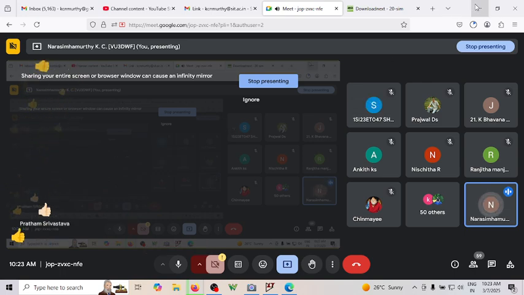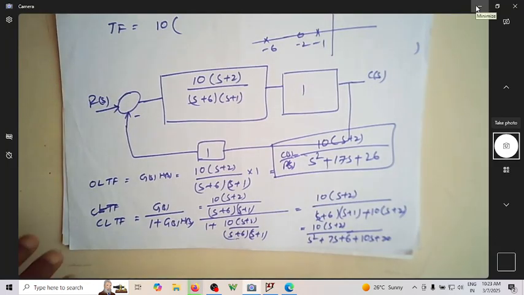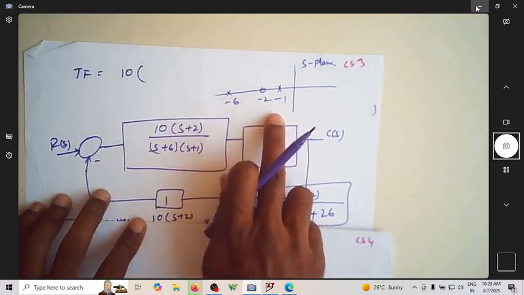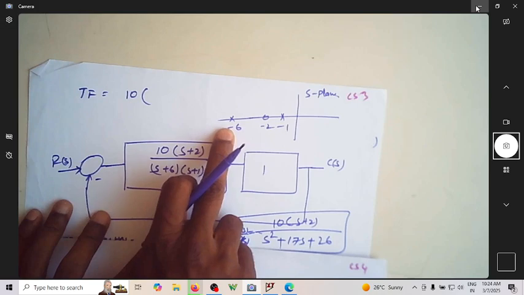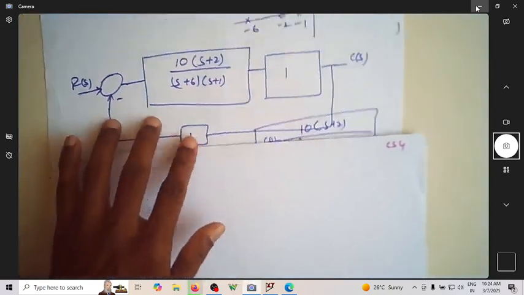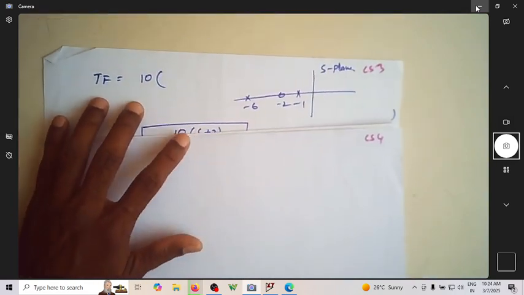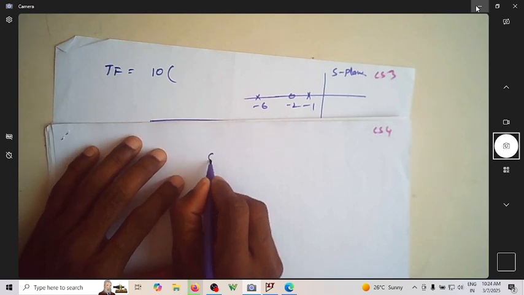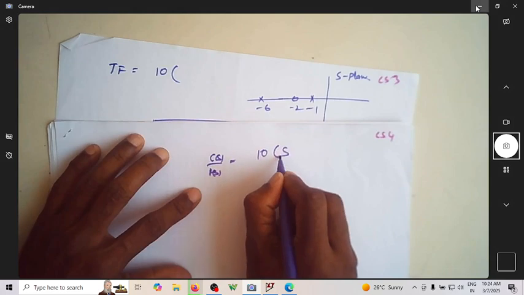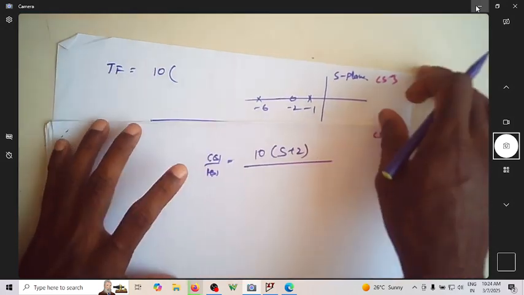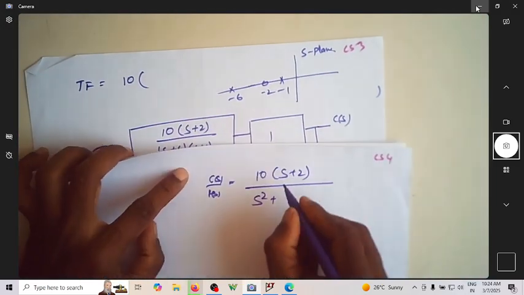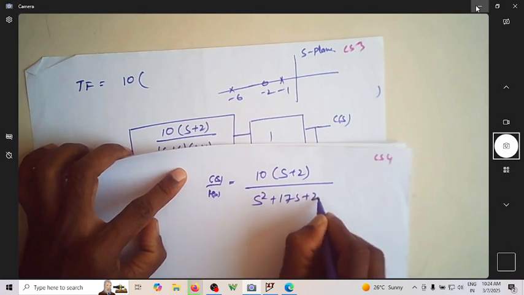That is my closed loop transfer function. Let me try to locate the poles. The poles were there at -1 and -6, and the zero is at -2. The closed loop transfer function you have now is C(s) by R(s) equal to 10 into s plus 2 divided by s square plus 17s plus 26.